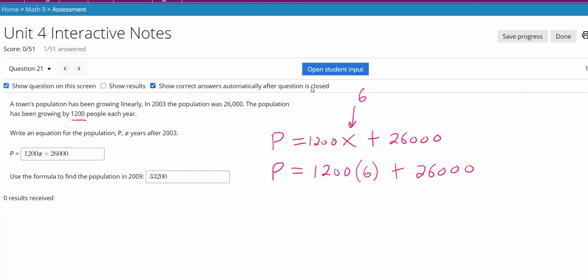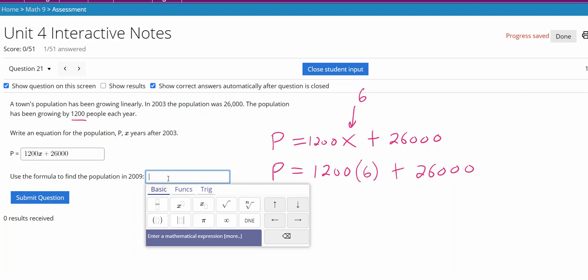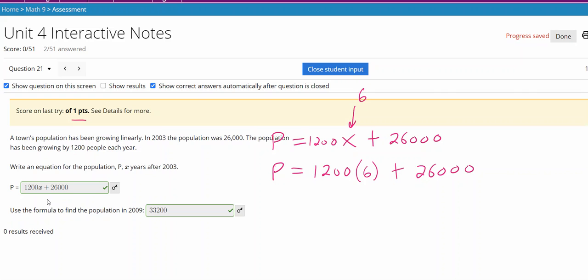Oh, and I don't have the ability to try that one more time. 33,200. Hey, we got it right. How are you guys doing on that one? Are you following this? I know it's a new concept. It can be a tougher one.